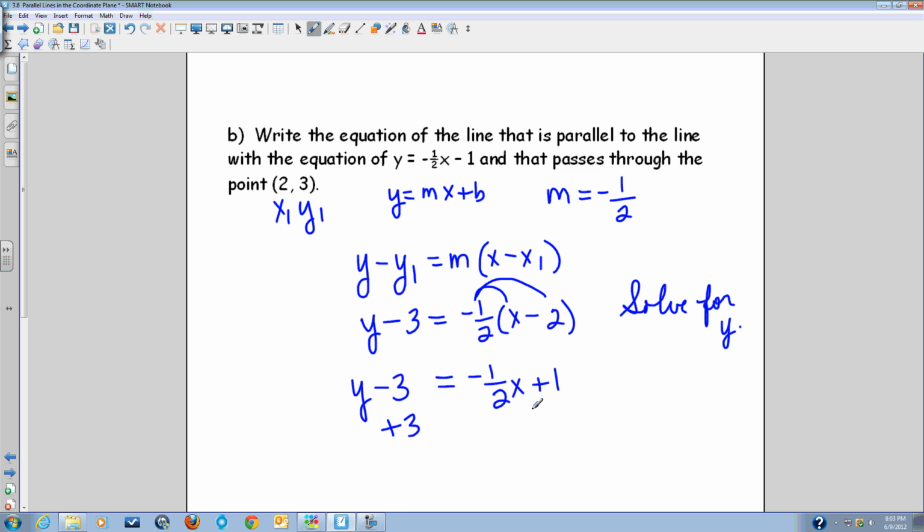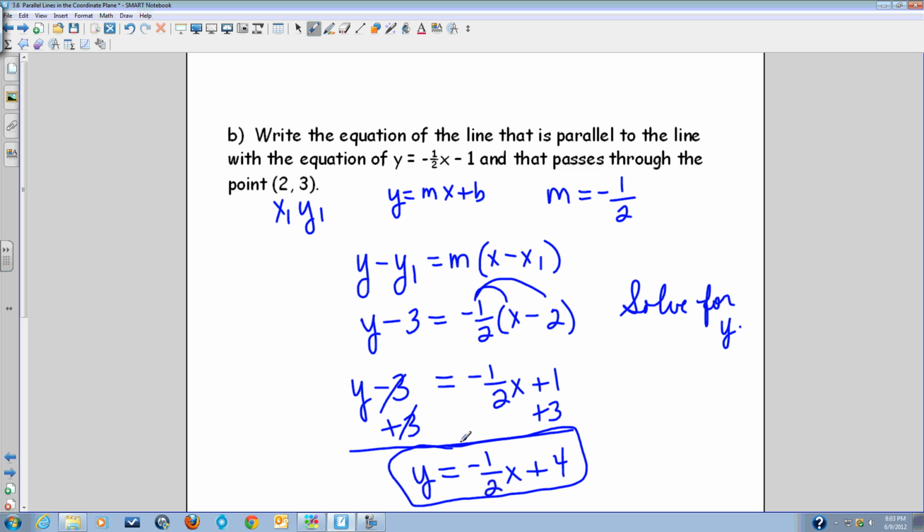We're going to add 3 to each side, so the 3's will cancel, and we have y equals negative 1/2 x plus 4. And that is in slope-intercept form. So the equation of the line that's parallel to the line with the equation of y equals negative 1/2 x minus 1, and that passes through the point (2, 3), is this new equation, y equals negative 1/2 x plus 4.